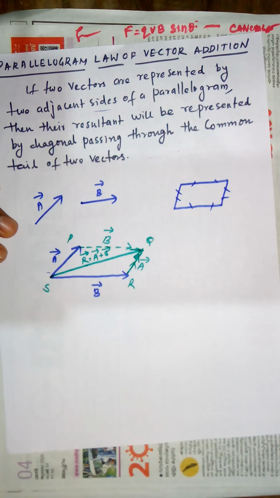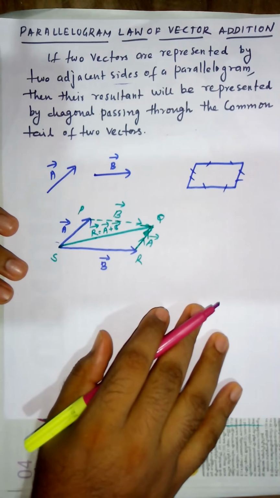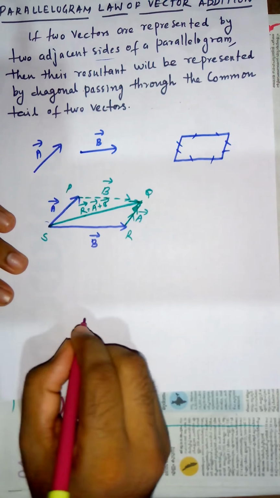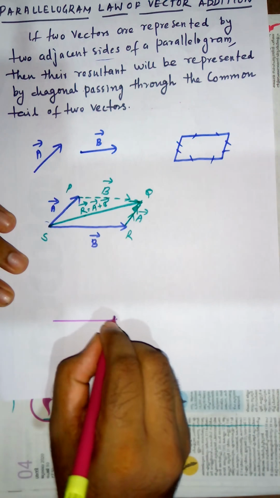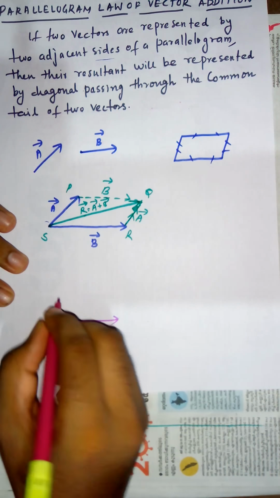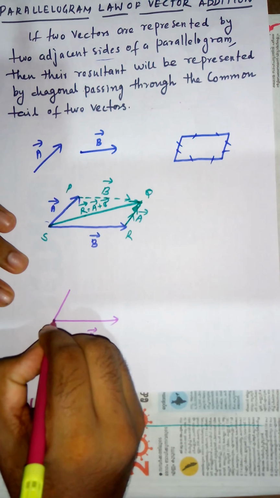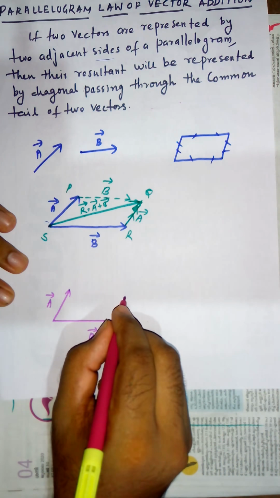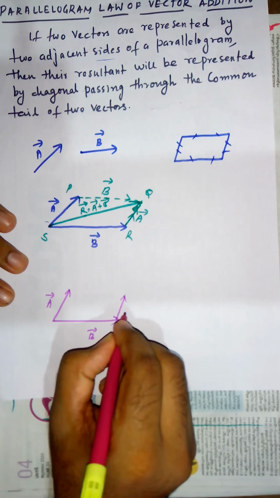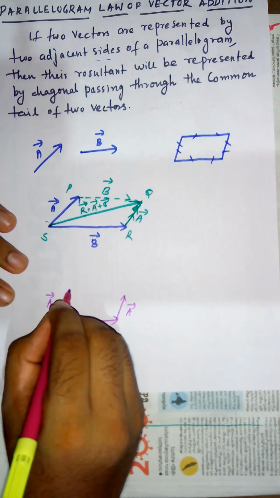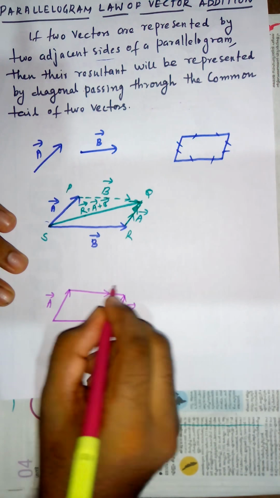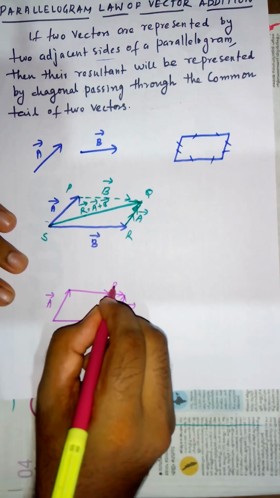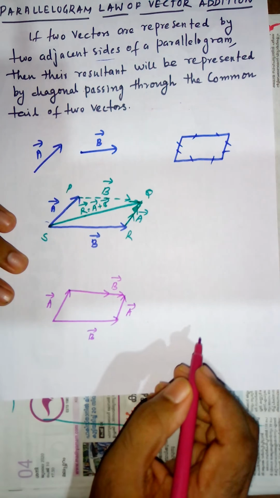I'm just redrawing it because this picture didn't come out correctly, okay. Yeah, vector B, vector A, okay, and here also I'll have vector A, and here this is vector B, right.